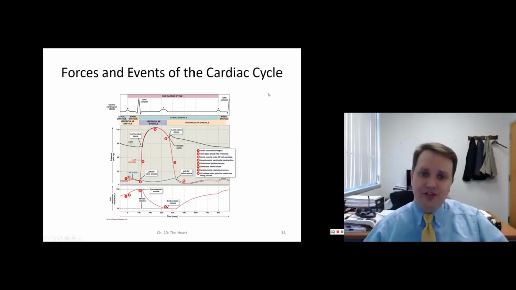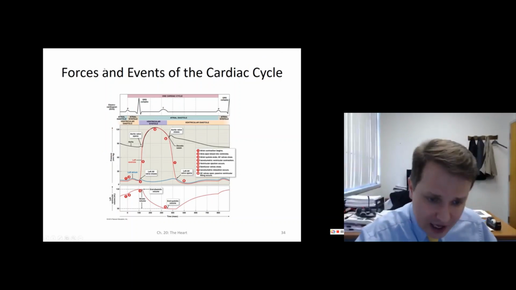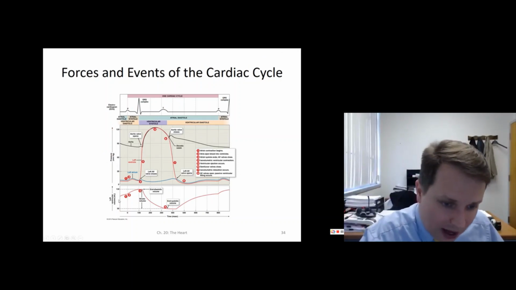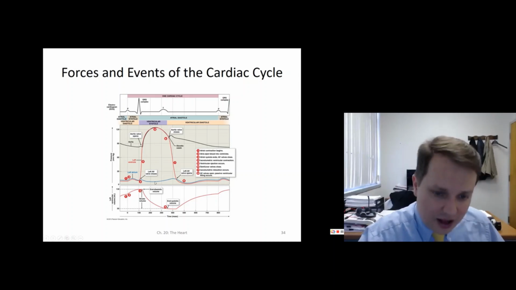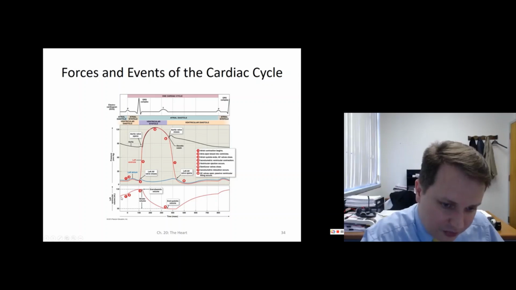Now, this is trying to show you all those changes, where we started with a mostly filled ventricle. I've got to go to another one here. Sorry. This is the volume of the ventricles. If we started with a mostly filled ventricle, then the atria squeeze to fill up the ventricles. Then the ventricles start to squeeze for a while.